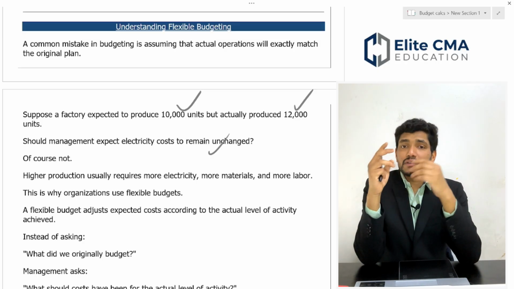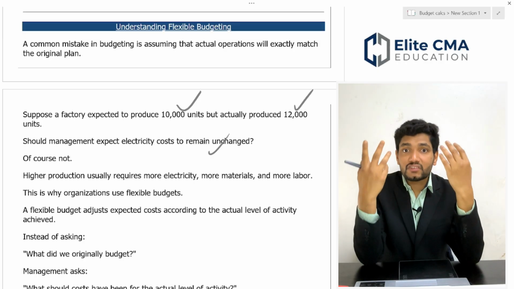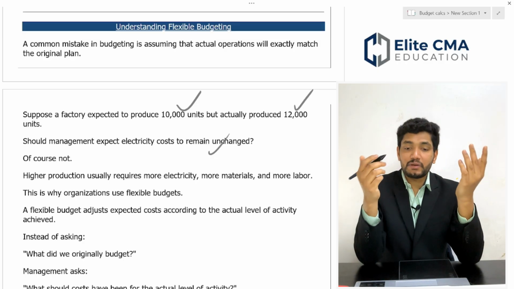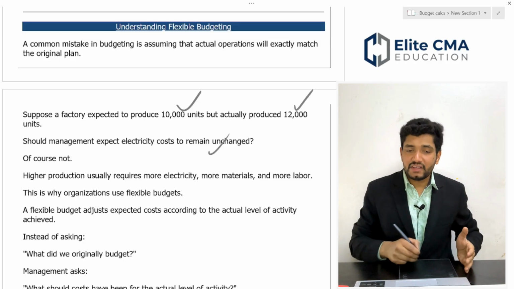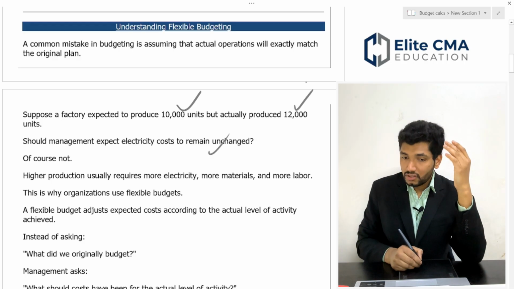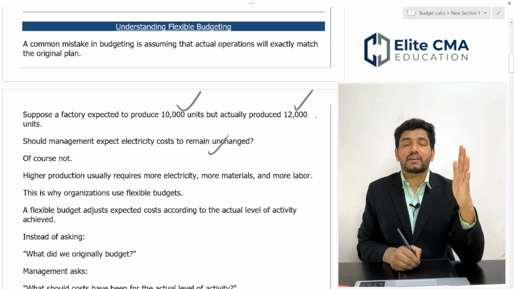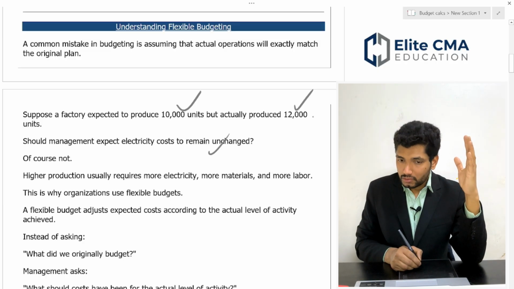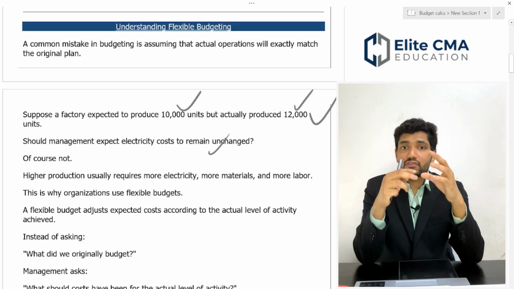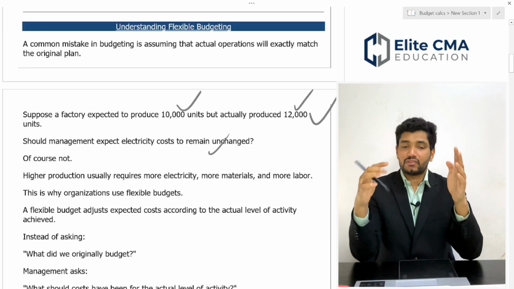In this scenario, this organization has to use flexible budgeting instead of a static budget. It has to adjust all the expenses, especially the variable expenses, based on the actual production of 12,000 units, and that budget has to be compared with your actual performance.